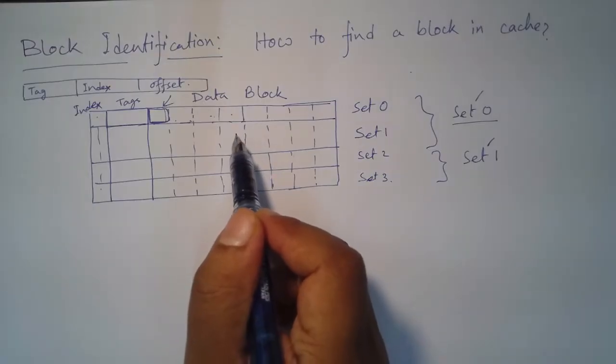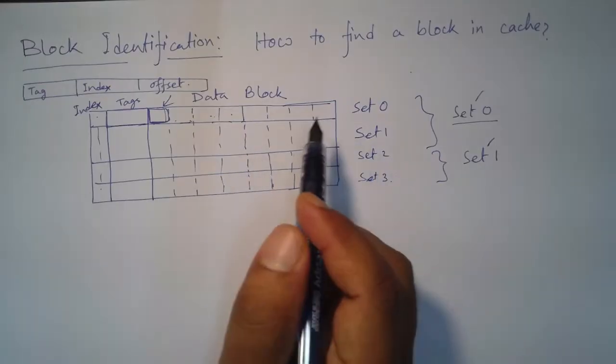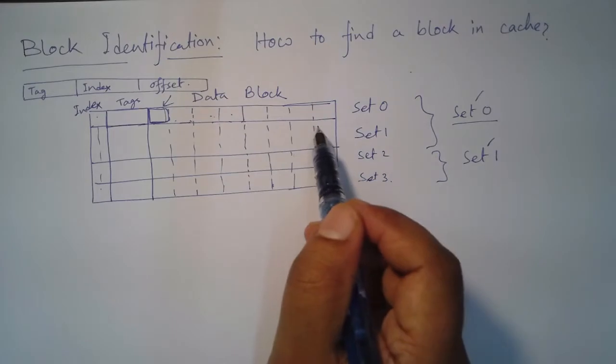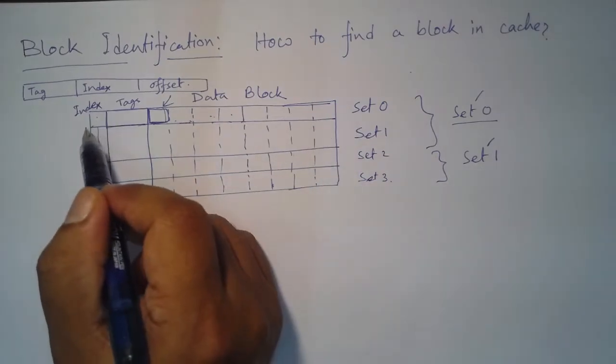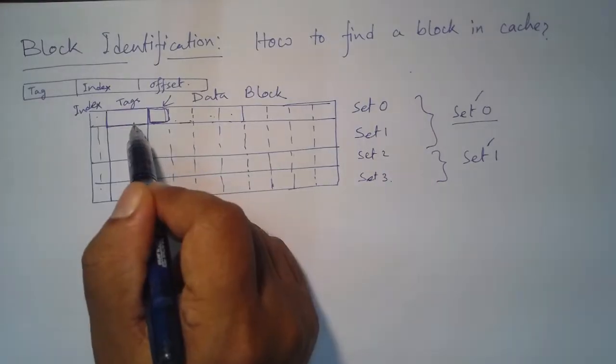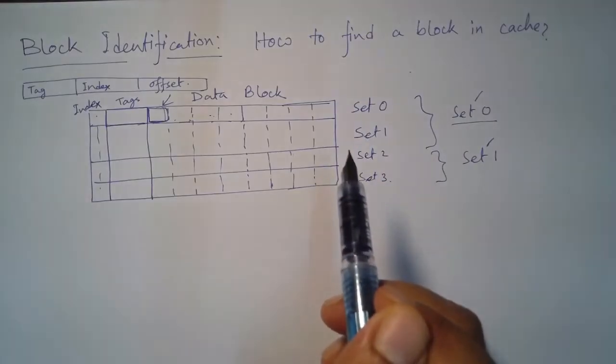I hope this makes sense. In case of a direct map cache, your index will not play any role, because in a direct map cache your tag itself will be different for each of the blocks.